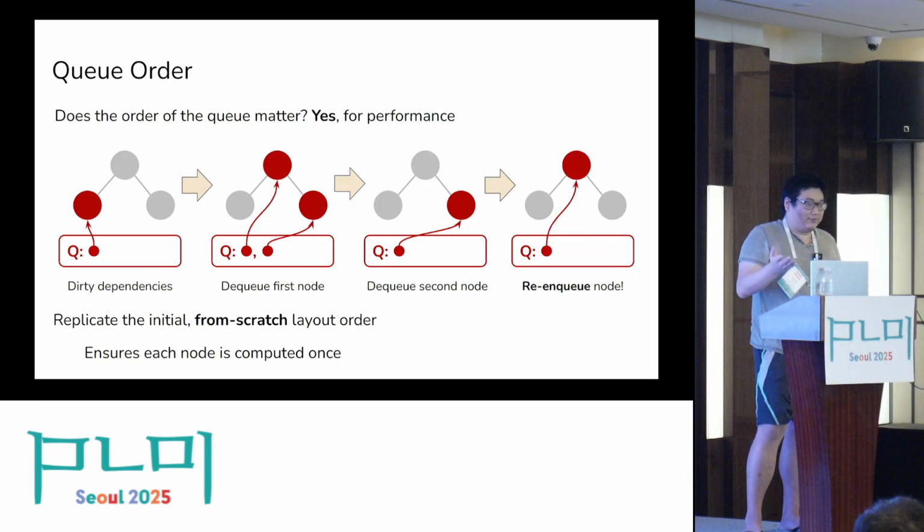So what can we do? We can try to make this queue clearing process the same order as if we are doing a from scratch layout. Now, this must work, because a from scratch layout only touches every node once.